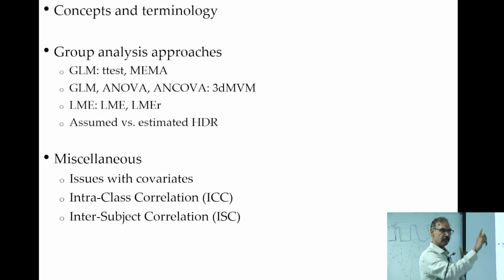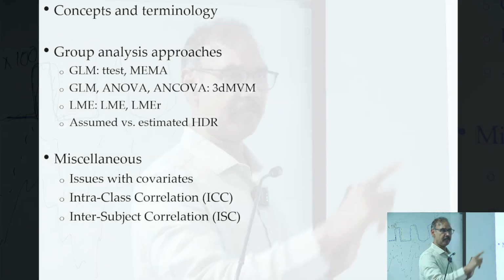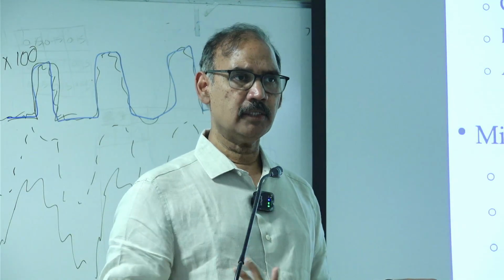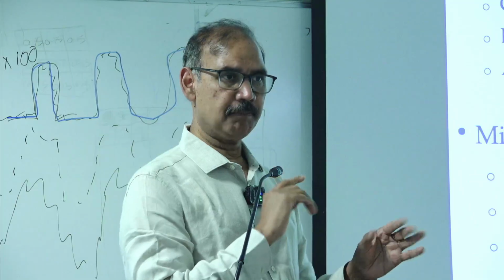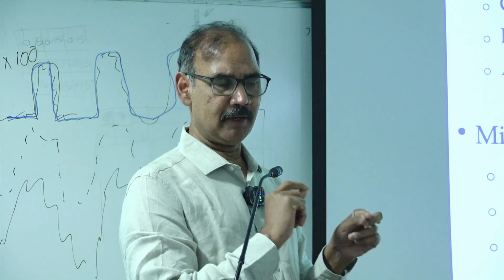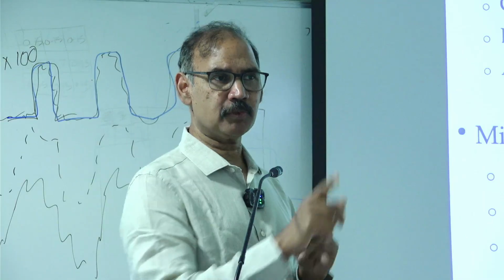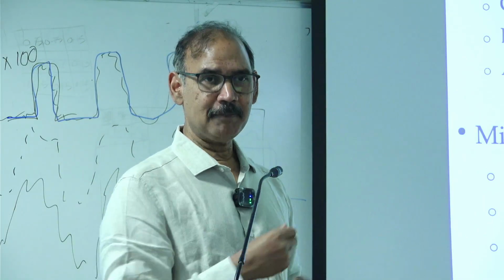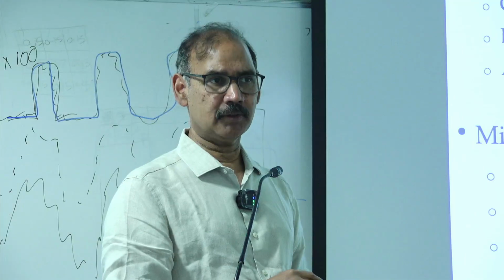So then what you will get is a 25 by 25 correlation matrix, and that will tell you how each one's brain response compares to the other one, right? So if someone dozed off, then you can very easily find out, right?